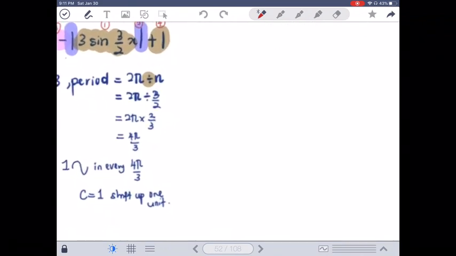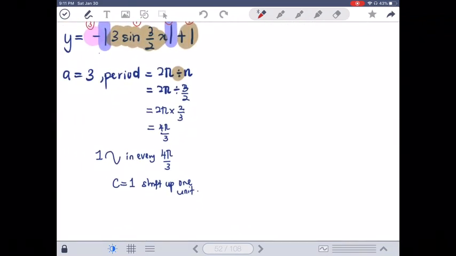Next, when we want to draw the graph, you have to look at the period. The period is given by one cycle in every 4 pi over 3. So what I like to do here is draw directly by using the scale of pi over 3.